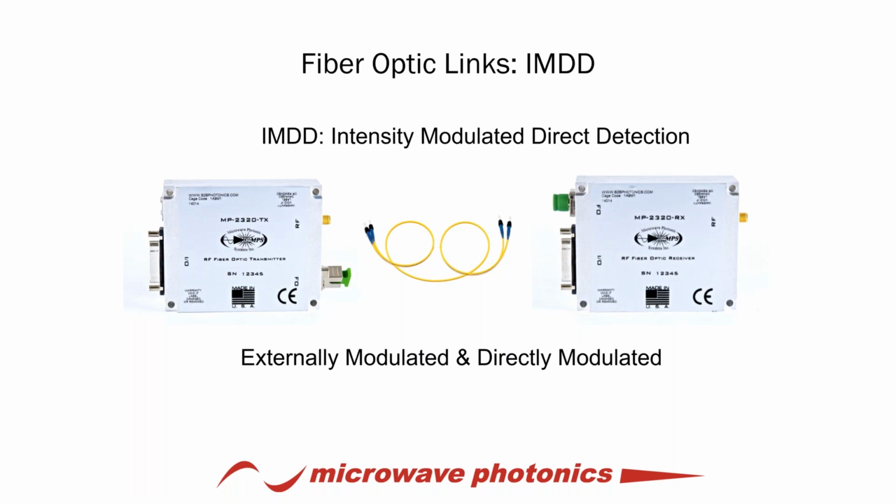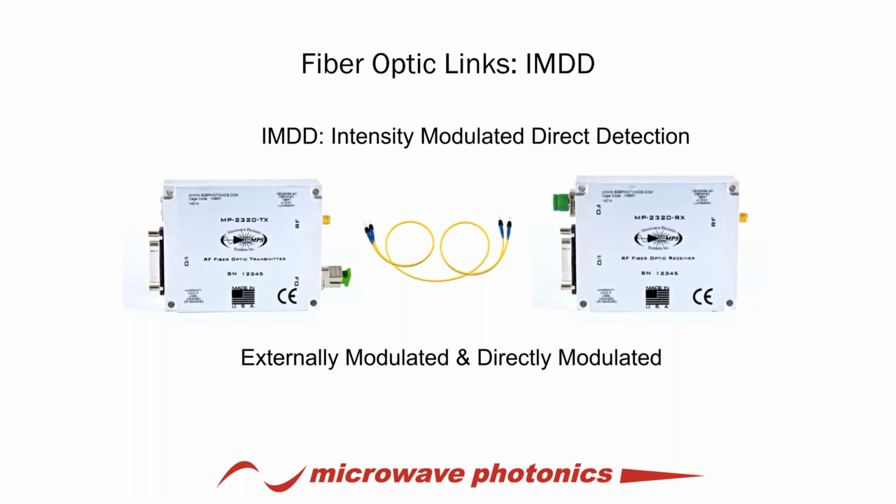A directly modulated fiber optic transmitter has an integrated semiconductor laser, which handles both functions of not only providing the discrete laser source, but also the modulation source. An externally modulated system would use a dedicated laser as the source laser, and then a separate component to modulate that.